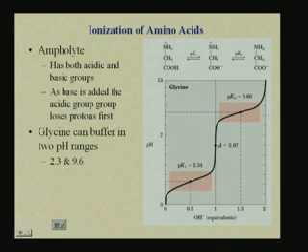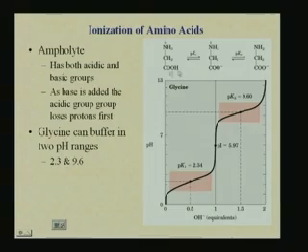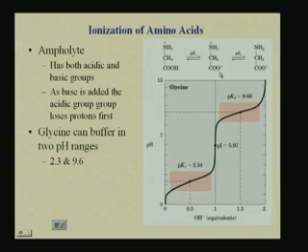What does this mean? It means that at this point I have equal amounts of the carboxylic acid anion, the CO minus, and the COH. Now, it is in its zwitterionic form. I keep on adding OH minus. As I add OH minus further now, what is going to happen?